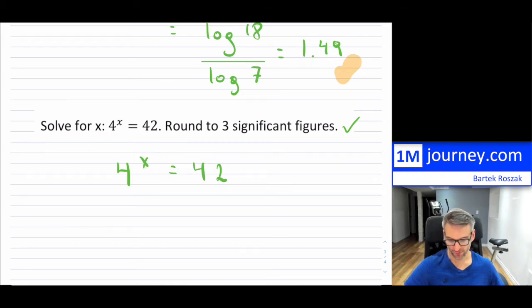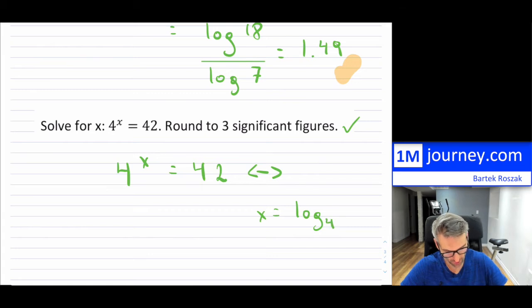All right, so 4^x is equal to 42. Now, of course, you may remember, sometimes when it's already in this form, because this is an exponent form, we know that this really means that x is equal to log base 4 of 42, right?